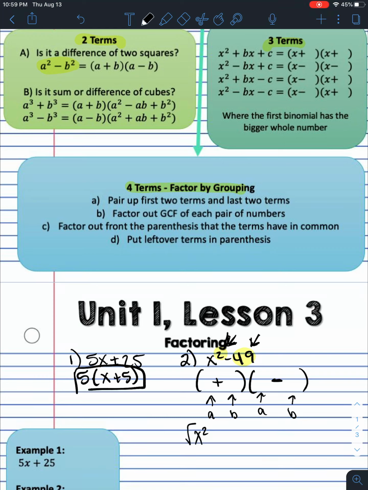So I have x squared. If I take the square root of that, the square root undoes the square, and I'm left with x. So that means my a value is x. Then I need to figure out my b value, so I'm going to take the square root of 49. Well, the square root of 49 is 7, so I'm going to put that in the place of b.